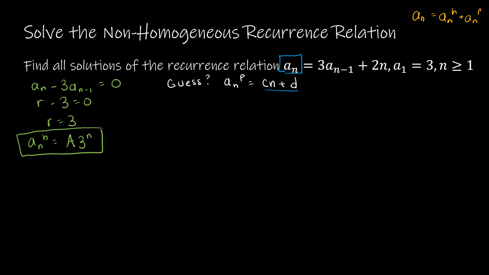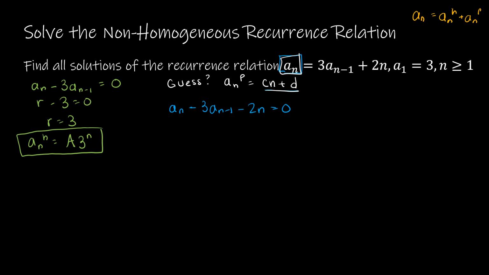So let's take a look at my recurrence relation. I have a sub n equal to, actually I'm going to go ahead and move that 3a sub n minus 1 over. Some people like to write it as equal to 2n, but I'm partial to having it set equal to 0, so I'm going to subtract the 2n as well. Either way is perfectly valid. So every time now that I see a sub n, I'm going to replace it with cn plus d.